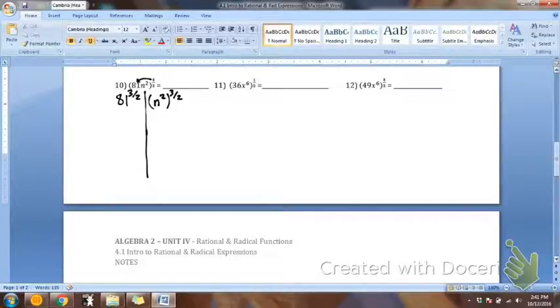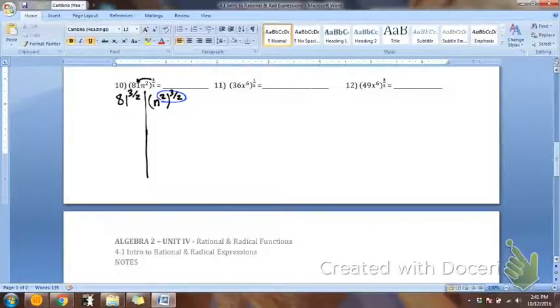Now, if we take care of the variable first, because in the other one that we just did, the variable did not have an exponent. That x was just by itself. But here, my n has a squared. So when we do 2 and 3/2, what are we actually doing there? Are we adding, are we subtracting? That's a multiplication problem. We're multiplying.